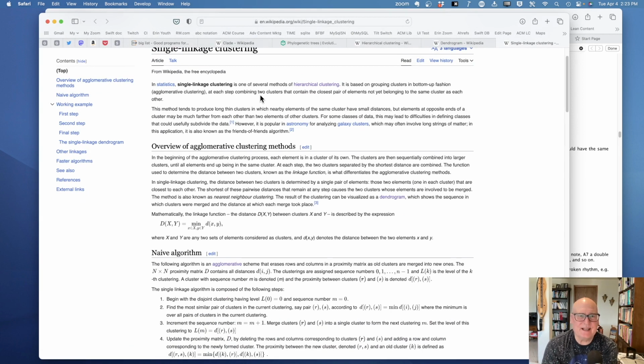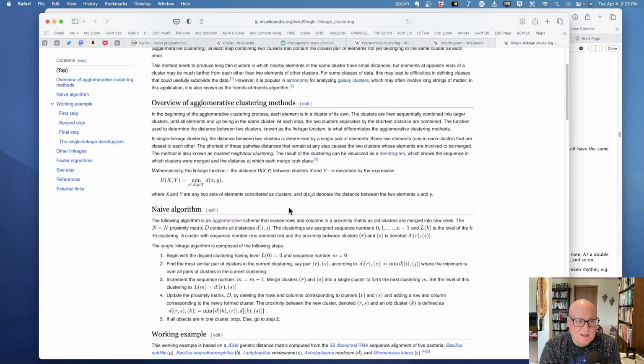Single link is saying it's working between pairs of elements, or pairs of clusters, not trying to do everything versus everything. And agglomerative means we start with individual, everything is its own cluster, and then we glue together the ones that are more and more similar until we got everything in the pile in one big cluster. And we got a little bit of math.